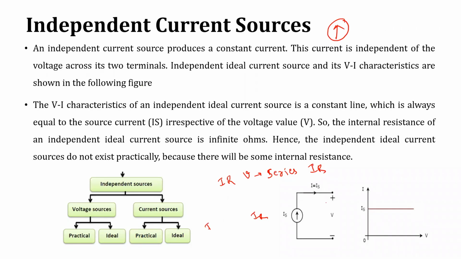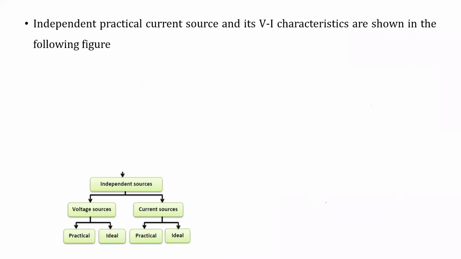In a current source, we find a parallel internal resistance. So practically, ideal independent current sources are not available. Next, we discuss the independent practical current source and its VI characteristics.